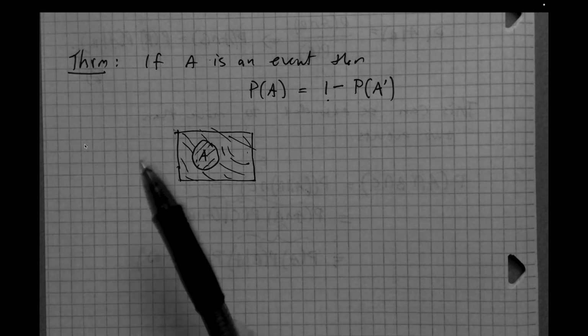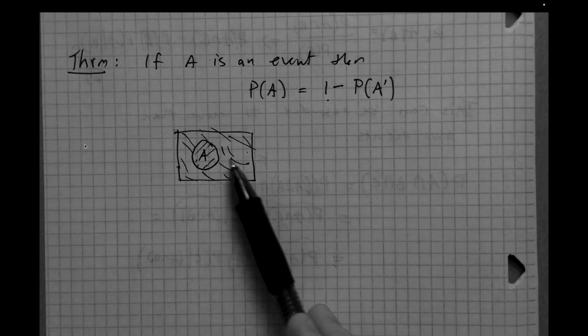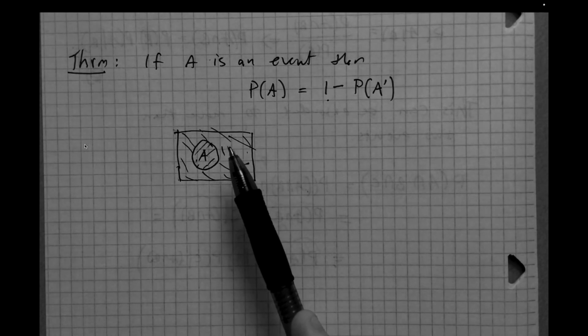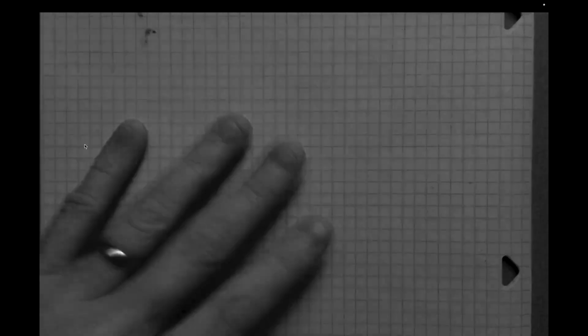Lots of times, explicitly calculating A might be difficult, but calculating the complement of A is not difficult, right? So this is when that can come into play and be very, very handy. Okay, excellent. Let's do some examples to make sure we can see the usefulness of these theorems.